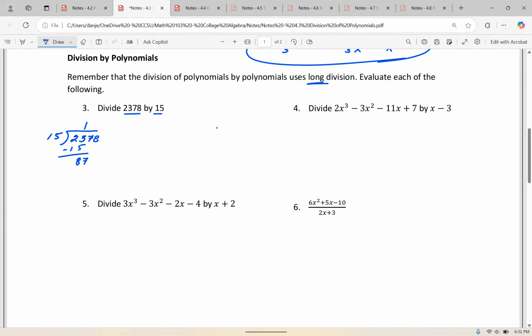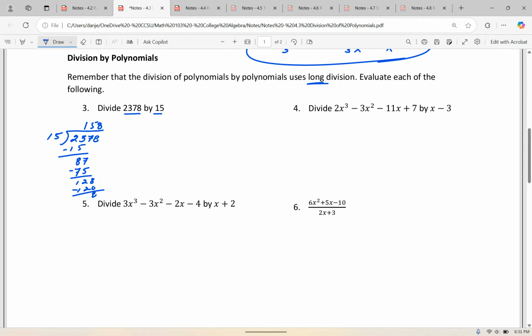15 goes into 87 5 times because 5 times 15 is 75. We subtract the 75. 87 minus 75 is 12. We bring down the 8. 15 goes into 128 8 times because 8 times 15 is 120.